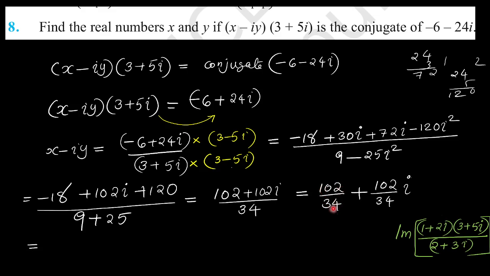Understood? 102 by 34 is 3. The next one is also 3. So what was the left hand side? Do you remember? X minus iy. The left hand side was x minus iy and the right side is 3 plus 3i.